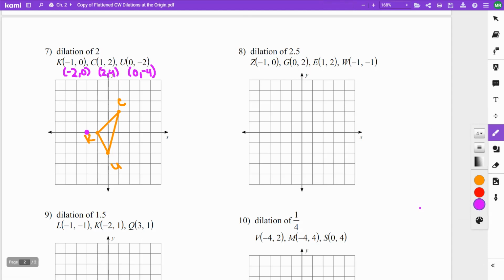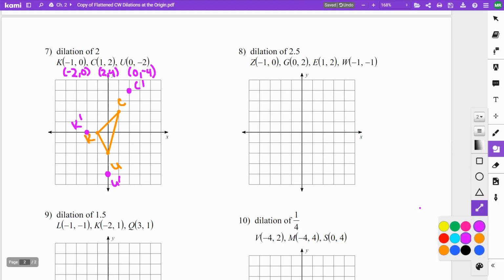I'm going to go to 2, 4. I'm going to go to 0, -4. C prime, U prime, K prime. I'm going to connect them. And there's my new picture.